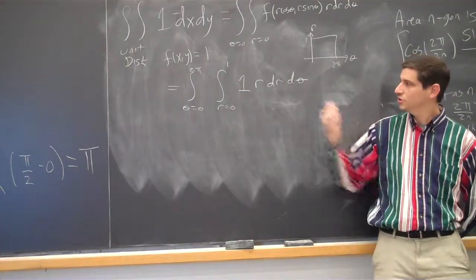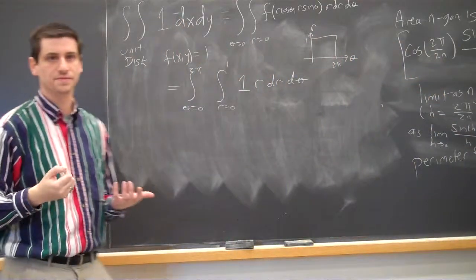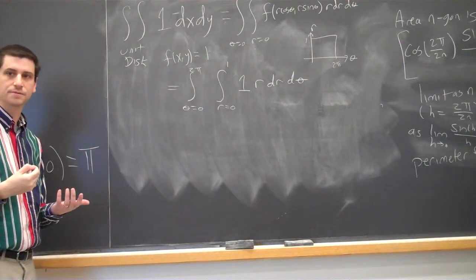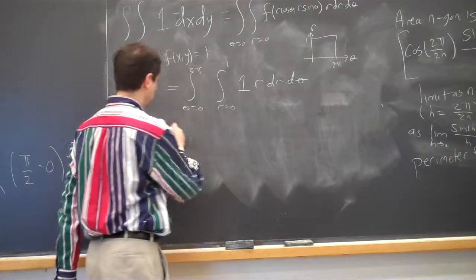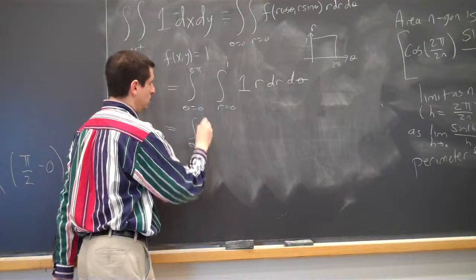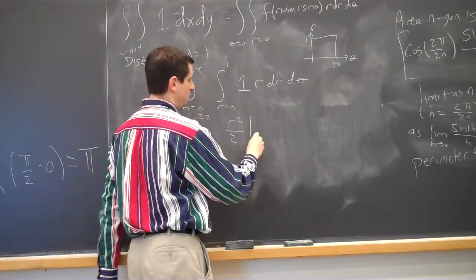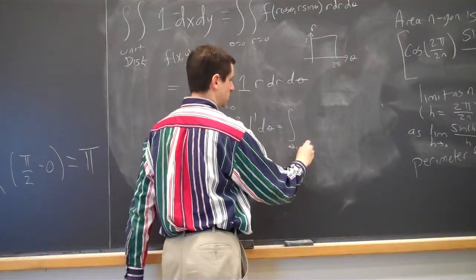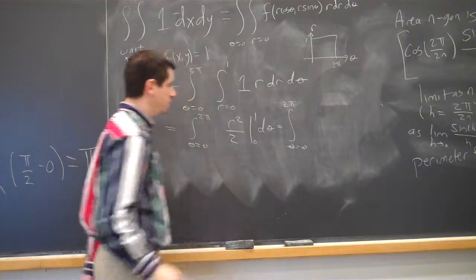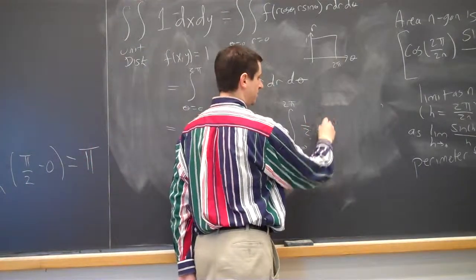Okay? This is the advantage of changing regions. Okay, so now I integrate with respect to r first. What do I get when I integrate r? R squared over 2, evaluated from 0 to 1. Well, r squared over 2 from 0 to 1, that's just 1/2. So I'm now just integrating 1/2 d theta.